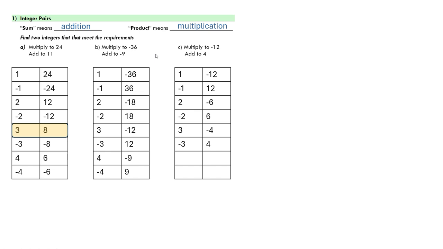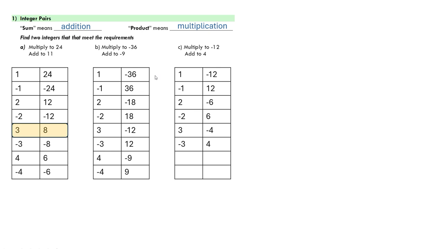In this example, we're looking for a pair of numbers that will multiply together to be negative 36 and add together to be negative 9. So we start by listing all our multiples of negative 36. And these are all the pairs of numbers that will multiply together to be negative 36.